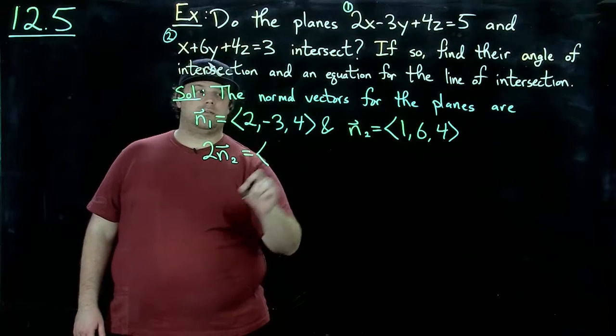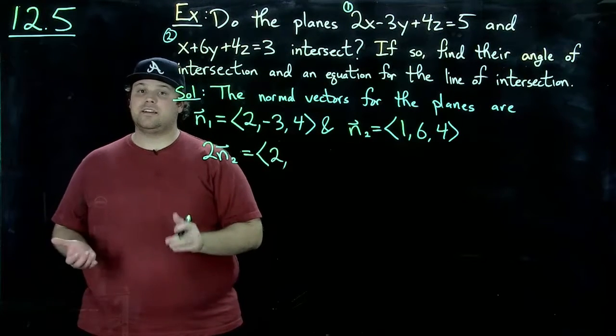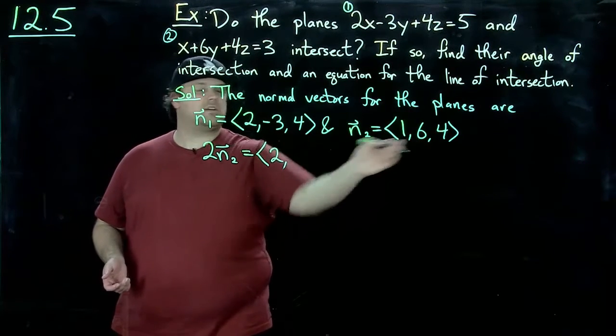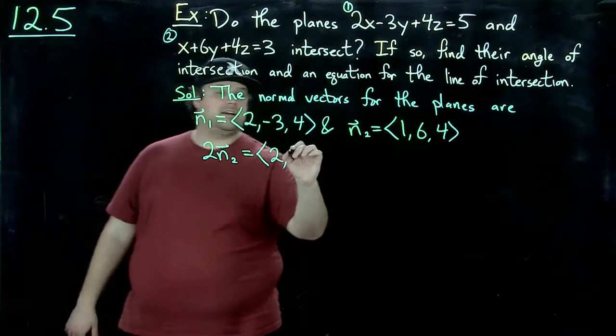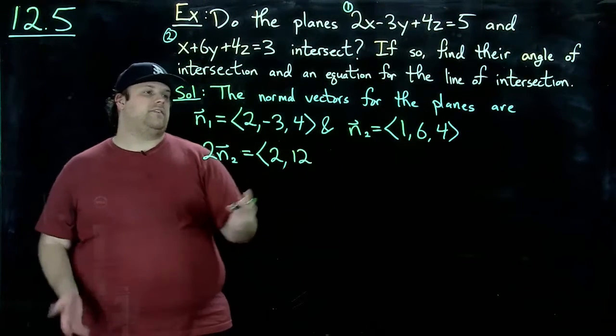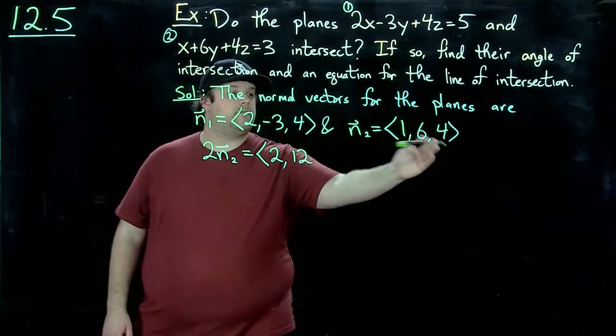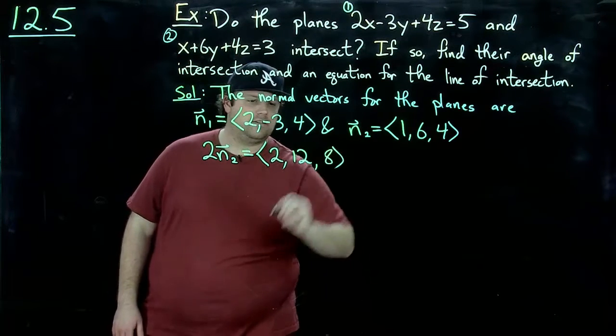Well, let's write down what 2n2 is. The first component we know is 2. The second component, the j component, we're going to multiply 6 by 2, and that's going to give us 12. So we could finish, just for the sake of doing this: 4 times 2 is 8.